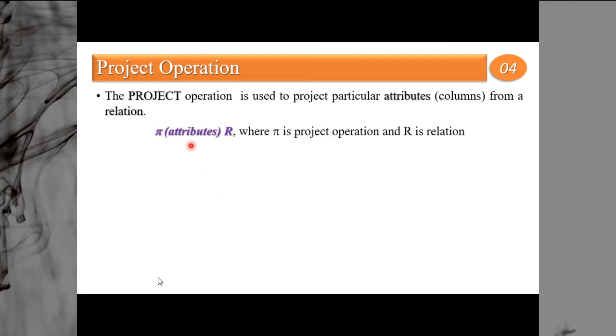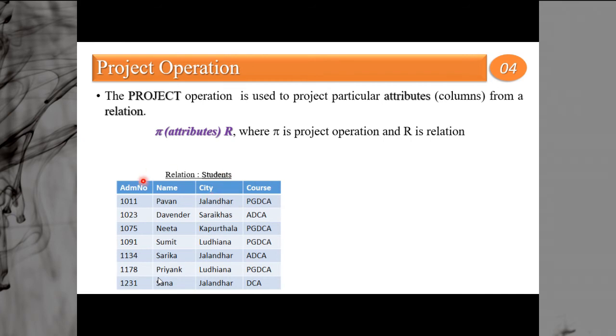So project is represented by a symbol pi. Then the list of attributes, you can say your select list, which you want to select from the relation, and R is the relation from where you want to perform your projection operation. So again taking the same example, same student relation we are having, and say we want to select name and city.